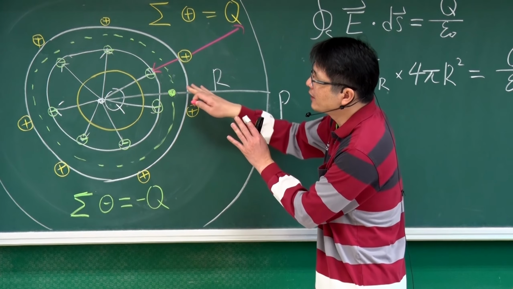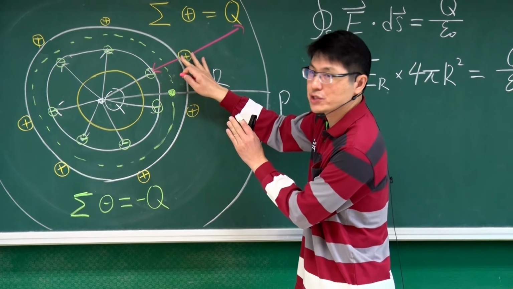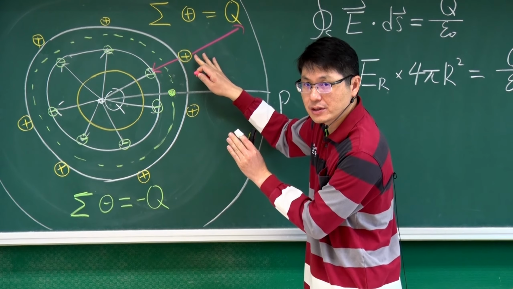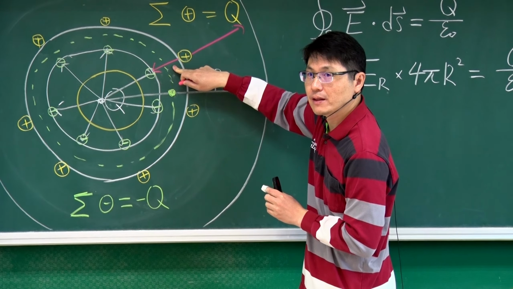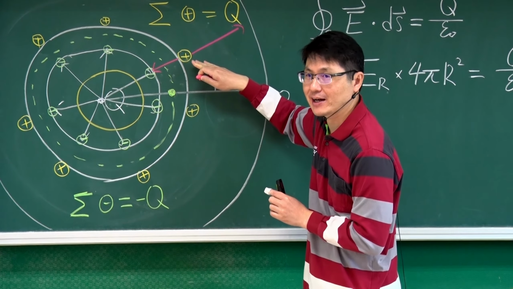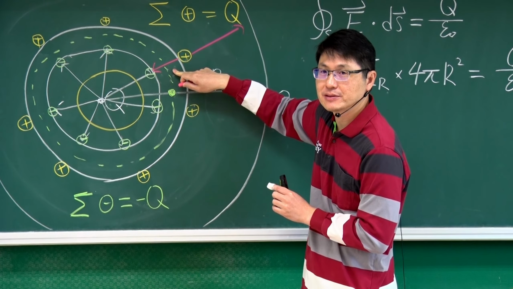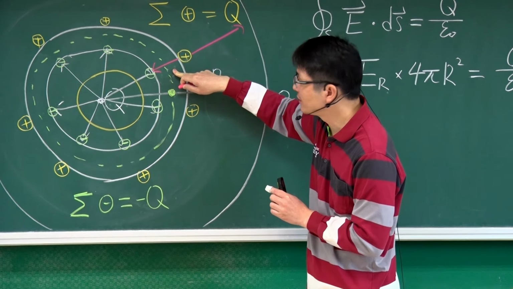So the meaning of this metallic shell is that the induced charges are there so that these charges help to keep the metal field free, right?